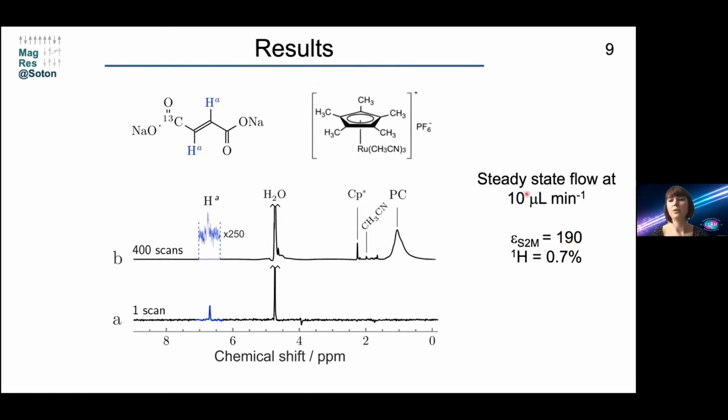Just to emphasize, all of our experiments are performed at steady state flow at 10 microliters per minute. An enhancement factor of 190 is quite low, since with similar reactions we are able to obtain at least 10% of proton polarization.